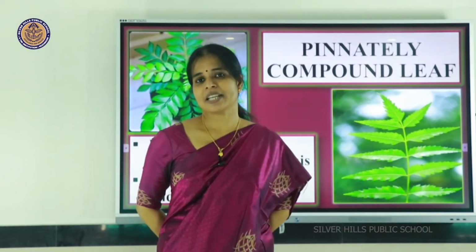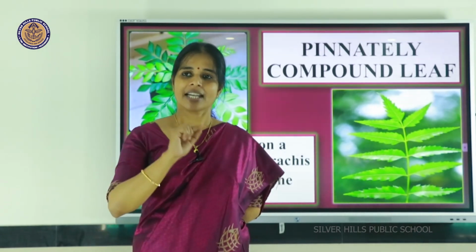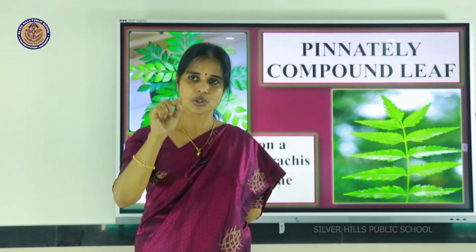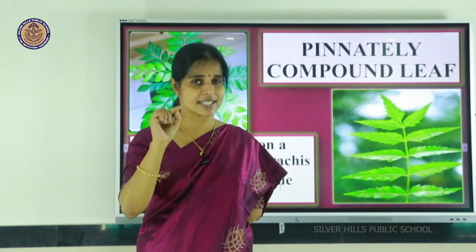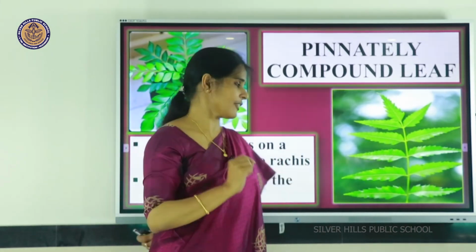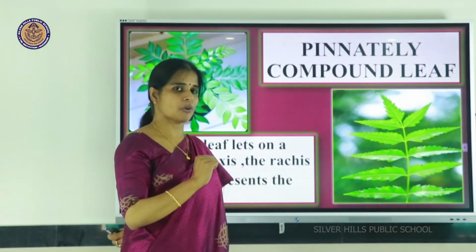Very common examples are the curry leaf. In curry leaf, one entire leaf is divided by many incisions into many segments, and because of that it has formed many leaflets. Another example is neem. Neem also has a pinnately compound leaf.